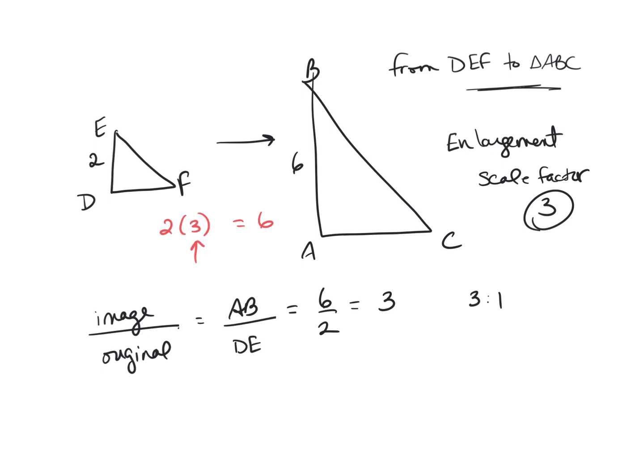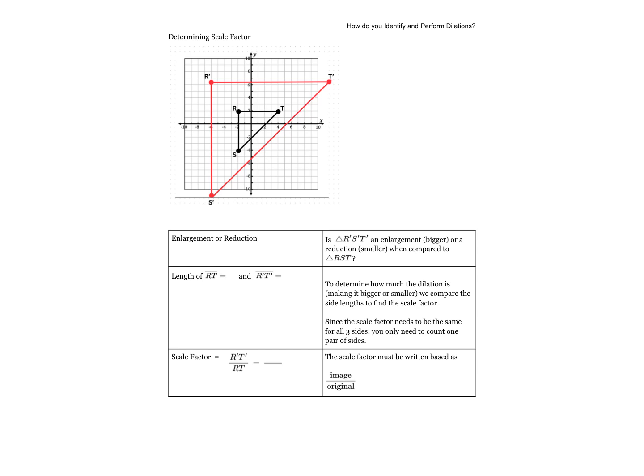So the triangle ABC is 3 times the size of triangle DEF. Okay? Versus multiplying by 3, a whole number, to get an enlargement.